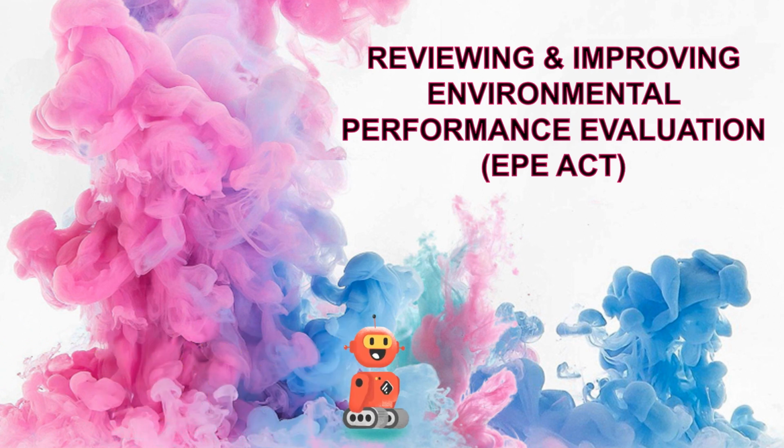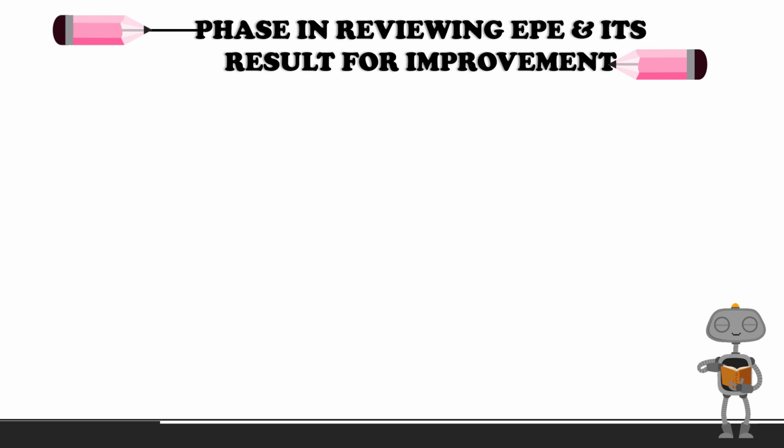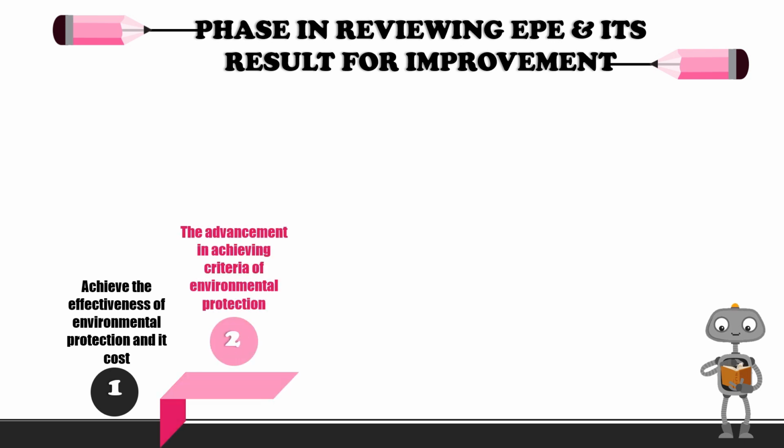An organization's EPE should be reviewed periodically to identify opportunity for improvement. Based on reviewing EPE and its result for improvement. First, achieve the effectiveness of environmental protection and its cost. Second, the advancement in achieving criteria of environmental protection.